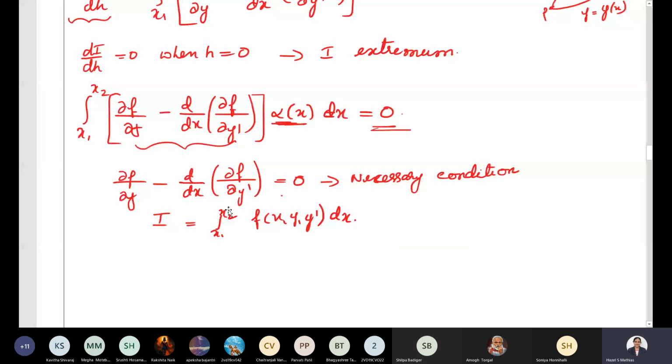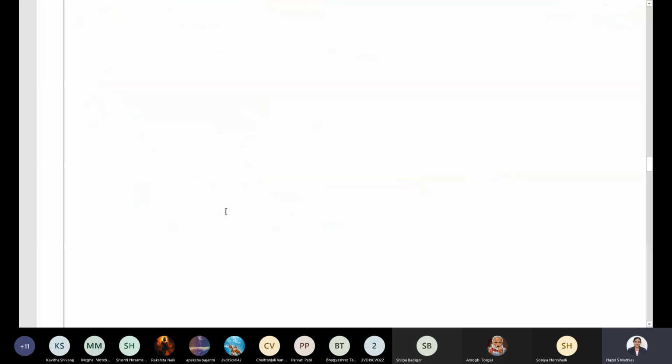Let's discuss this question. Find the extremal of the functional integral x1 to x2 of (y' + x² y'²) dx. So this is a functional. Now we need to find the extremal, or you can say, at what value this functional attains its extremum.